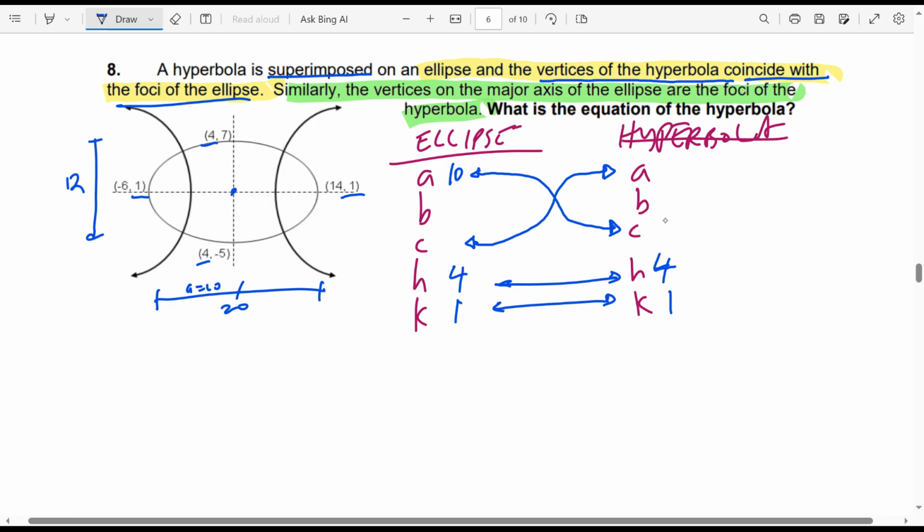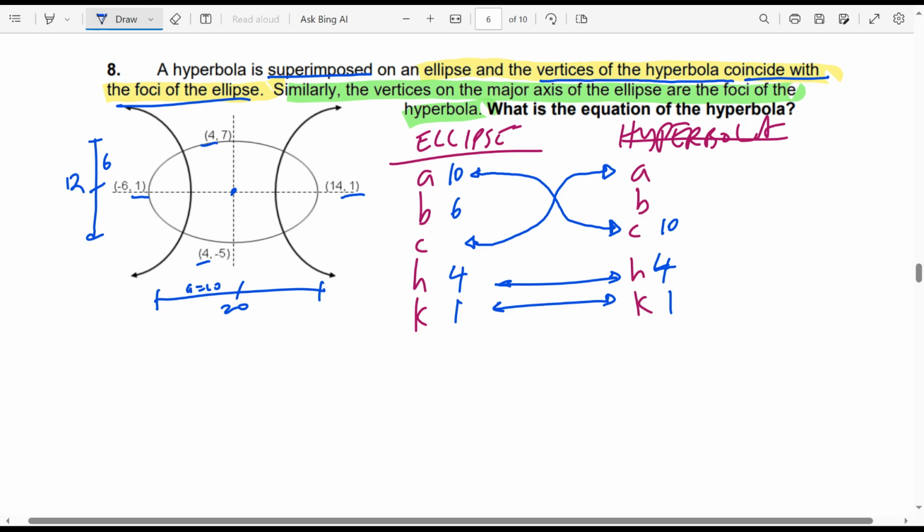You know what that also means? That means the C of the hyperbola is also 10. I don't need to think about it, I just know, because I already put the work in and drew the arrow there. Now, what's half of the minor axis? Well, that's 6. So that means that my B value here is 6.